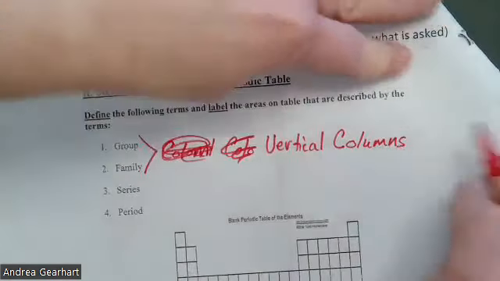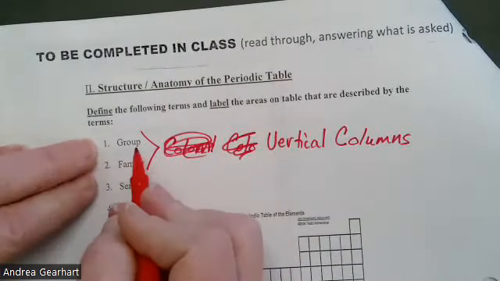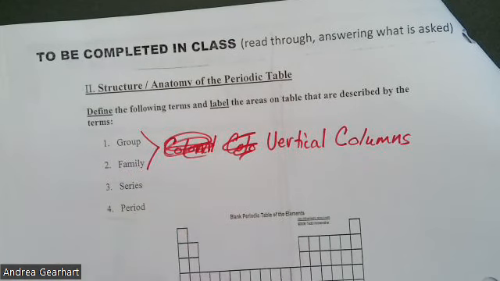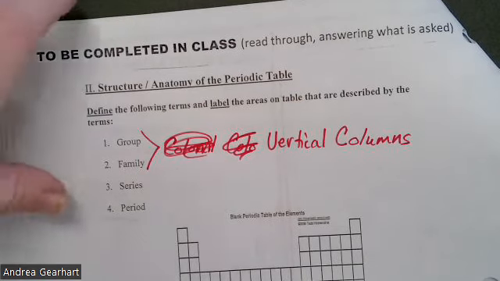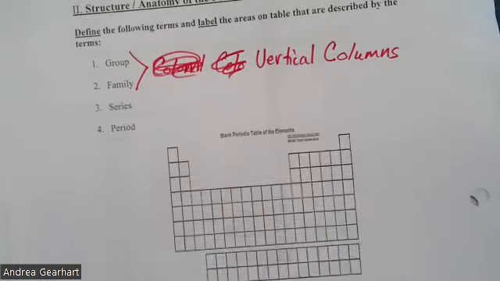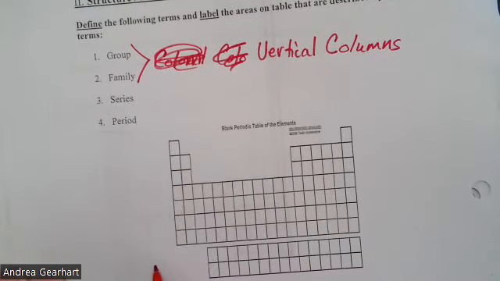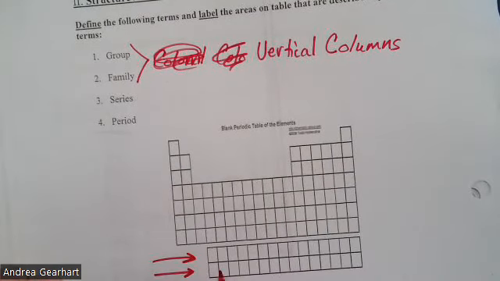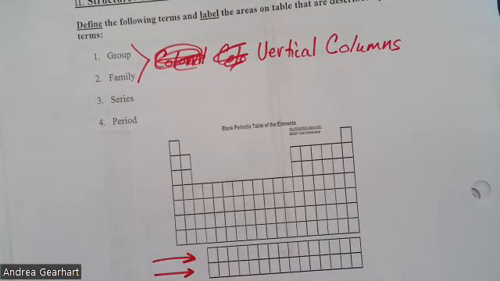Thank you. Vertical columns we can call groups or families. A series is a particular grouping of elements, and we only have 2 series on the periodic table. They are the F block, and you'll always have a periodic table, so we don't have to memorize this.